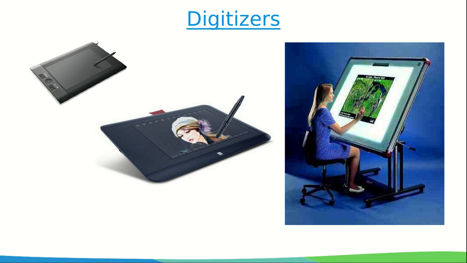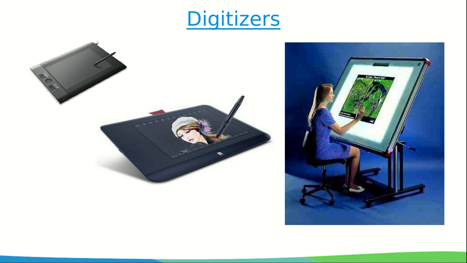And then, learner, here we have the digitizers. Digitizers are sometimes also called graphic tablets. A digitizer is almost similar to a light pen, but instead it has a graphic tablet on which the user writes using a device called a stylus.